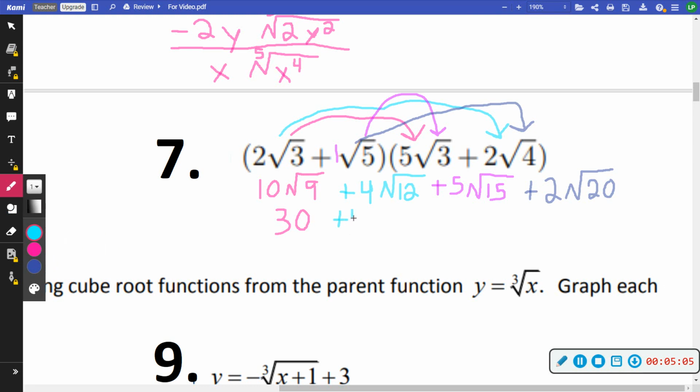I could break 12 up into a perfect square. 12 is the same thing as 4 times 3. But the square root of 4 is 2, and 2 times 4 is 8, so that would just become 8 square root of 3.